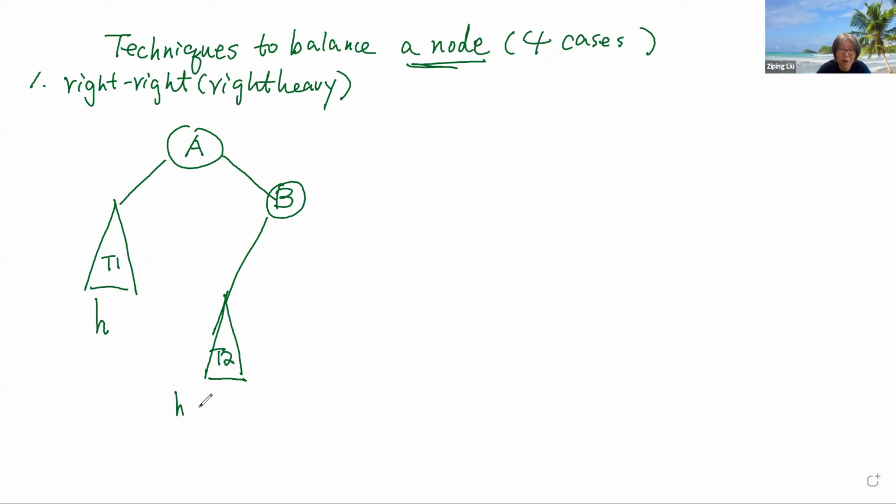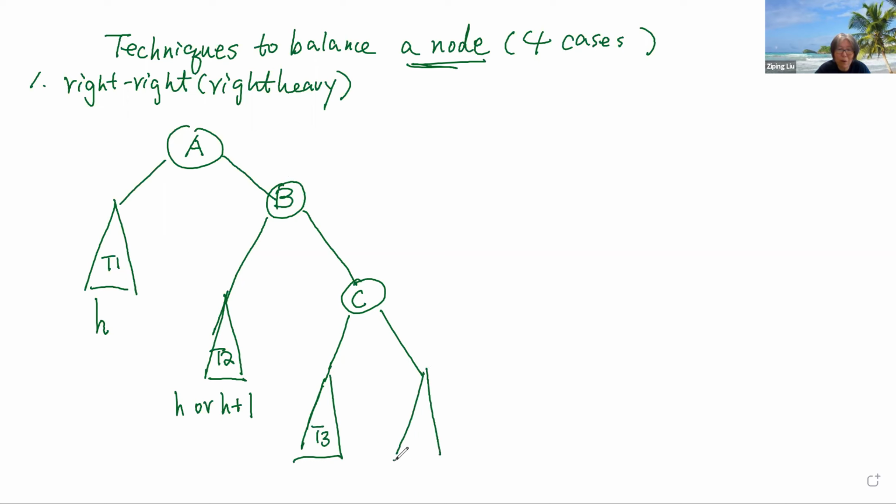Its height is h or h plus 1. Then we have another node called C, and it has 2 subtrees, T3 and T4.